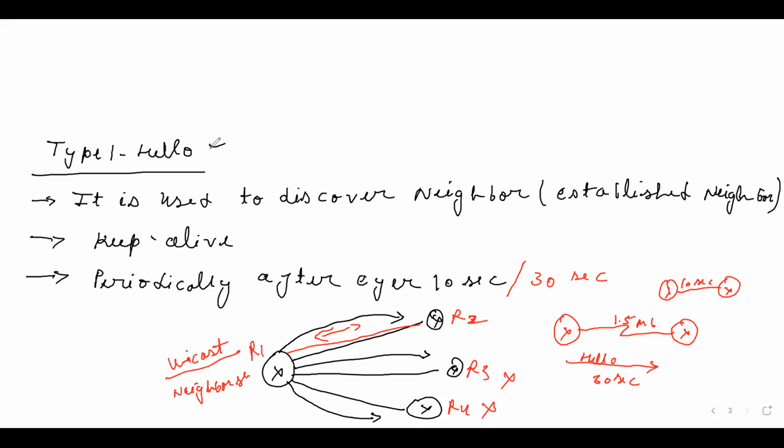Okay, so this is the hello message and how it works. It is used to discover neighbors. Second, it is a keep alive message. Third, it is sent periodically to neighbors. Every 10 seconds, OSPF will send a hello message.